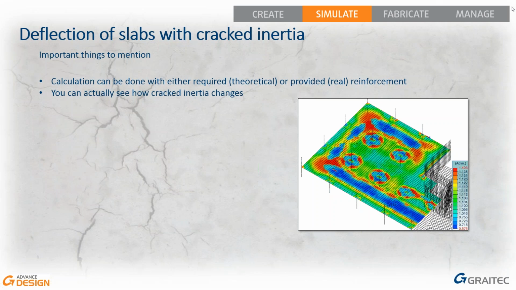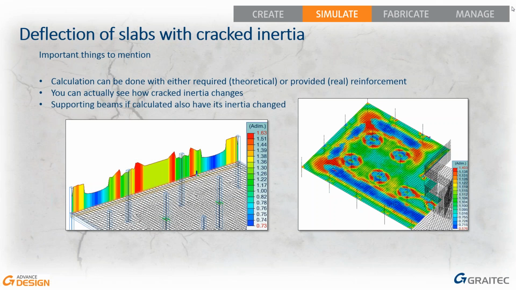So you can see how stiff your slab is now. At the beginning, in the first phase, it should be just one. And so some places are reduced, but some places are even stiffer because there is no crack and there is reinforcement provided.